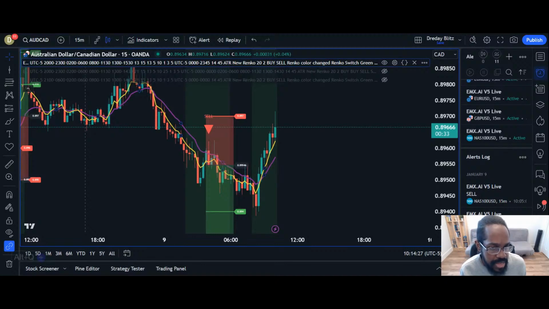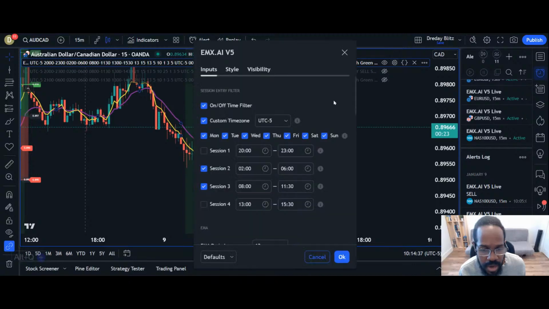So that means that if I'm going on the settings of my indicator, I will need to do the same. All right. So I will remove 8 to 12. So I'll put it until 11:30. I always love to trade 30 minutes before the end of that period of time, right?